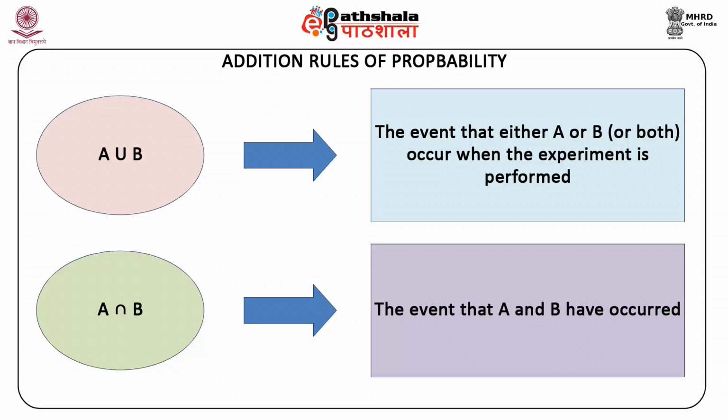Let A and B be two events in the sample space S. Thus, in the set theoretic notation, the union of events A and B is written as A union B, and the intersection or product of two events A and B is written as A intersection B.